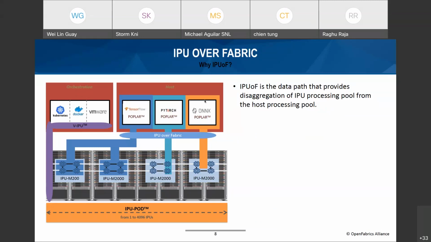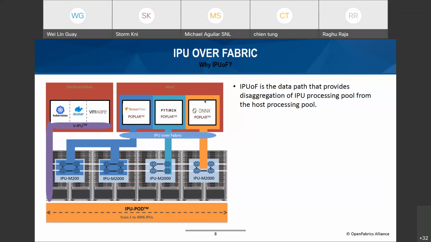So the idea is that we disaggregate the IPUs from the host. If we had locally attached IPUs, connected to the PCIe slot or the switch on the host system, then we would have to scale the normal compute on the host together with the IPUs.